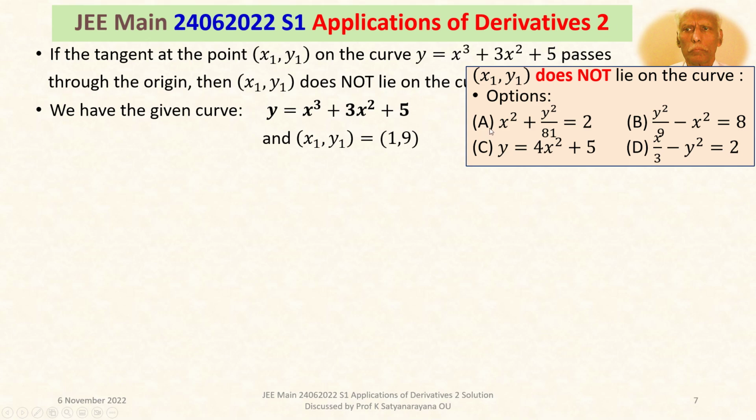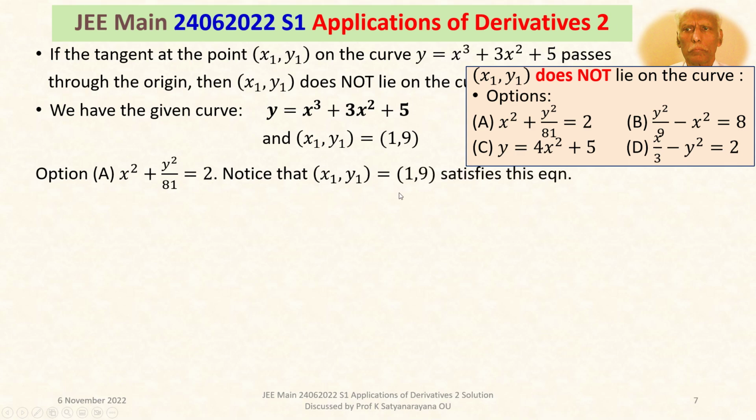If you see option A, put x is equal to 1, y is equal to 9, you will get 1 square plus 9 square by 81, that is 81 by 81. So 1 square plus 1, that is 2. It is satisfied. So for option A, notice that 1 comma 9 satisfies this equation. Therefore, x1 comma y1 lies on this curve.